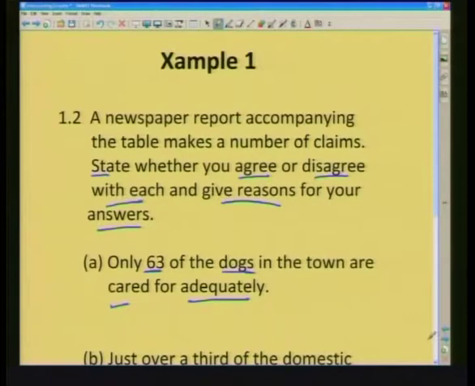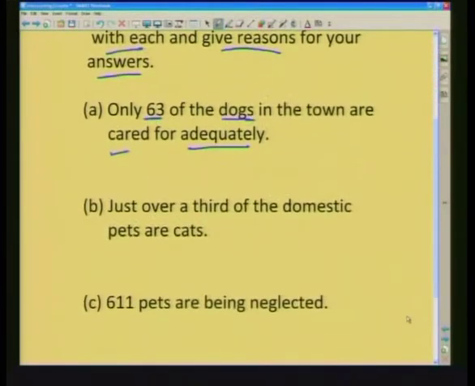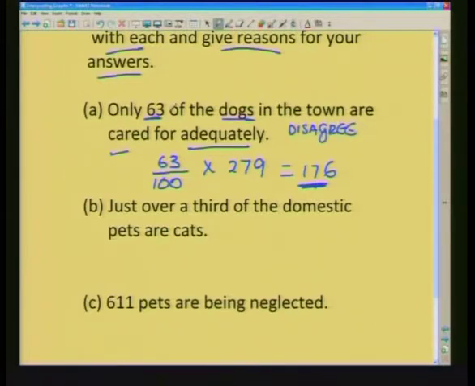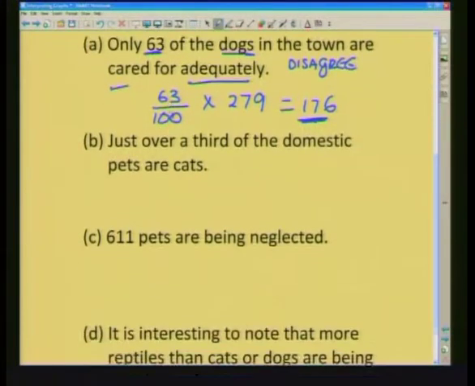If I would like to find out the number of dogs that are cared for adequately, I need to take the 63% and times that by the number of dogs, which is 279, and that would give me an answer of 176. So 176 dogs are cared for, and therefore we have to disagree with what they said, because they said 63 of the dogs were cared for.